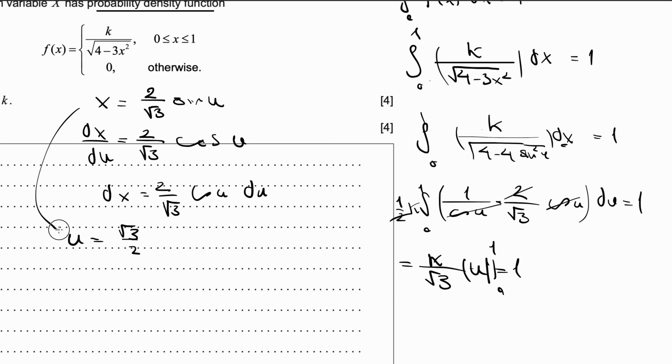I'm just using basic algebra to solve for u. Now this is sine, then arc sine of radical 3 over 2 x is equal to u.